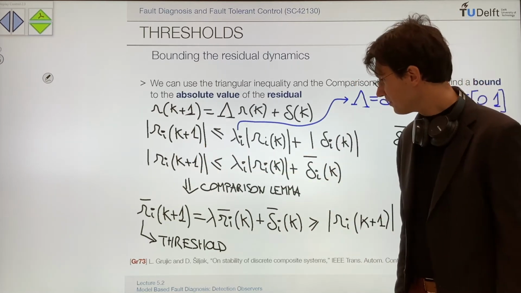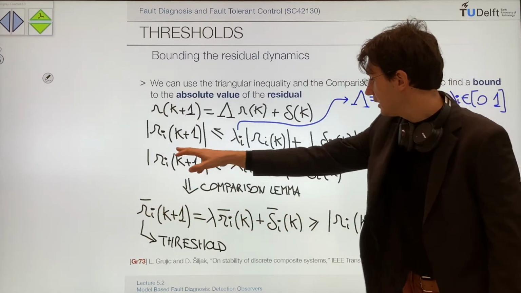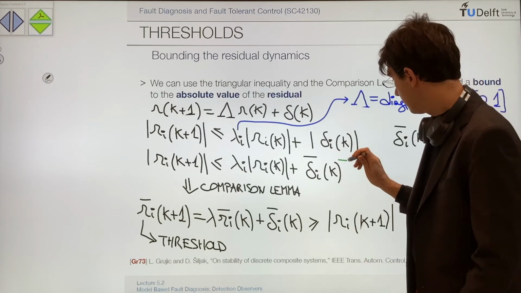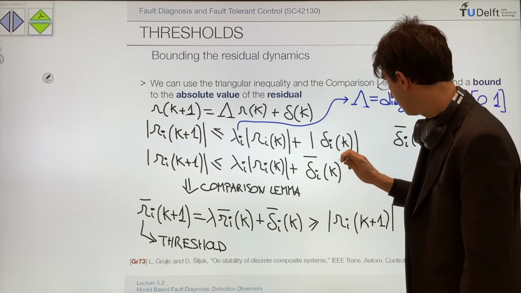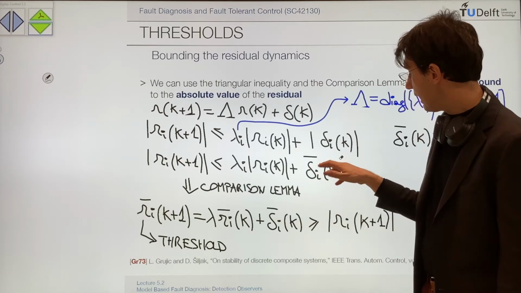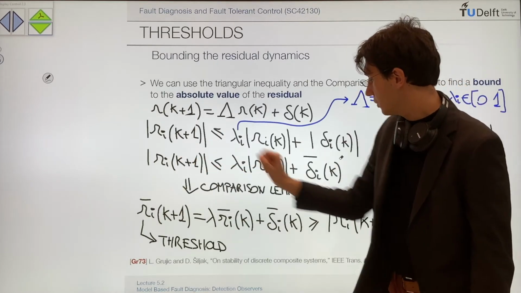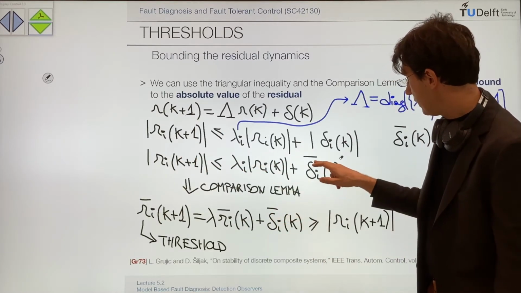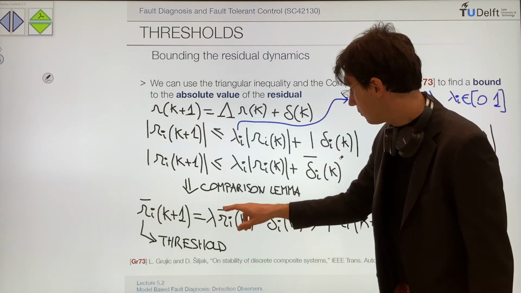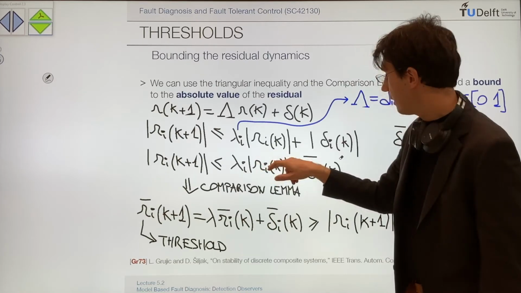So indeed, if you look at the equation for the threshold, it is this same equation, but each term that we have here is at least as big or equal to the term that you have in this equation. So delta over bar is equal to delta over bar, so that's the same. But R over bar is bigger than the absolute value of R.